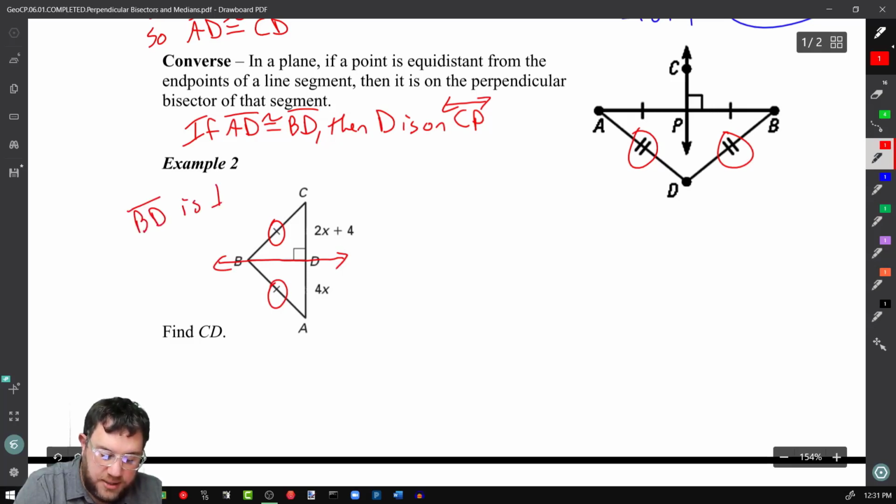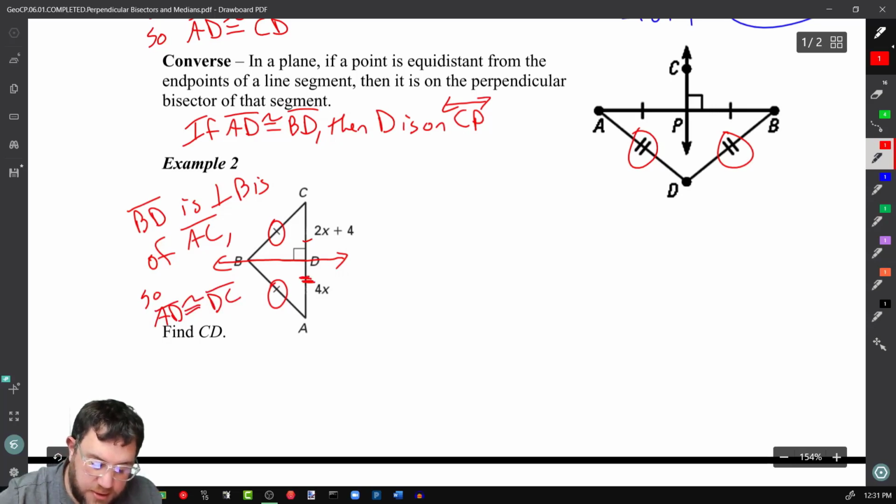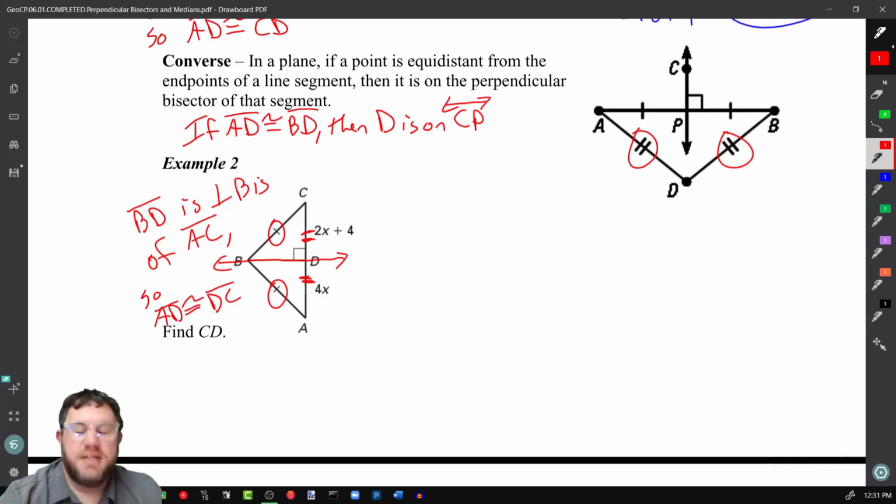So BD is the perpendicular bisector of AC. And that means AD and DC are congruent because that line segment is bisected. It's split into two congruent pieces. And we work it just the same way.